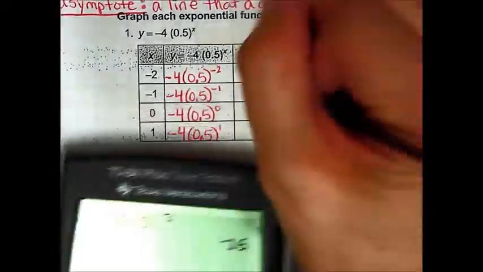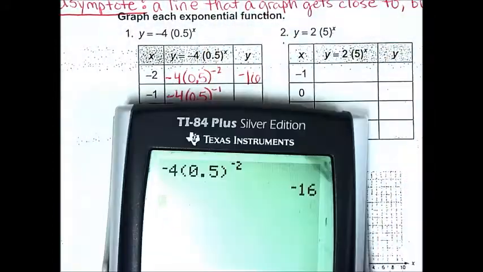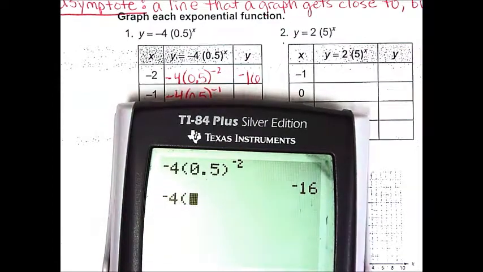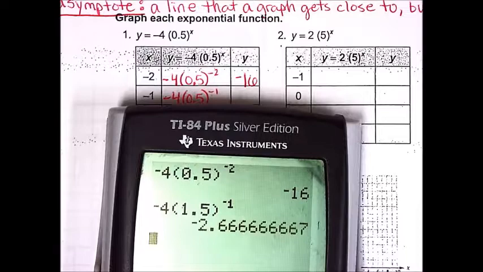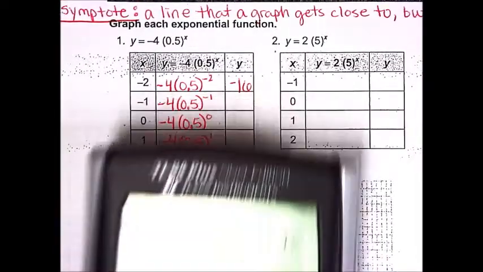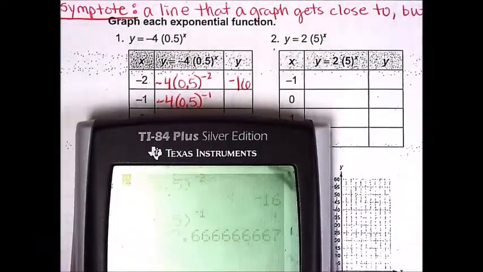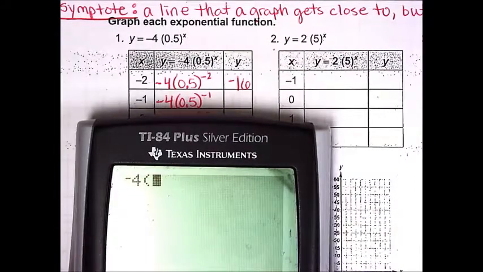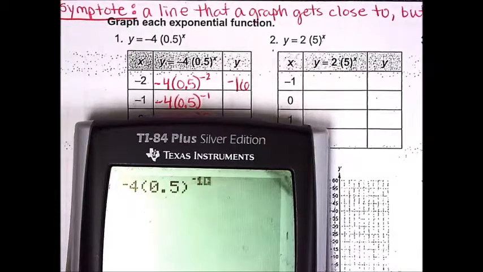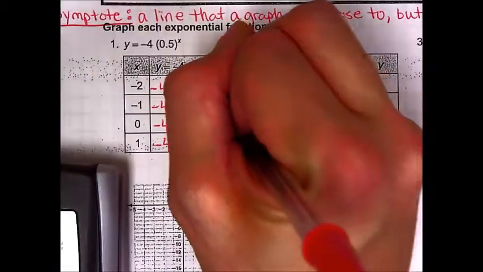You get -16. Okay, -4 times 0.5 to the negative first. Okay, so what did I type wrong? Sorry. I keep typing 1.5. My fault. Slowed you down there. -8.